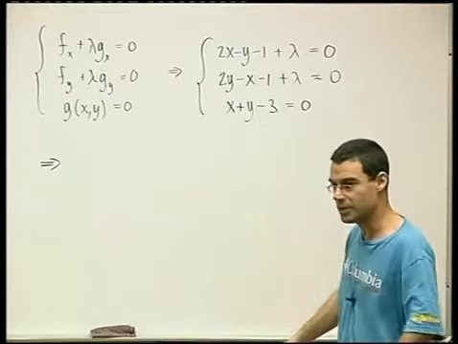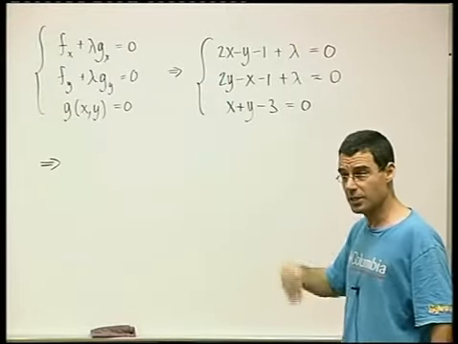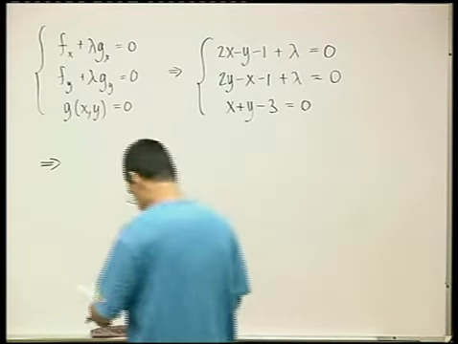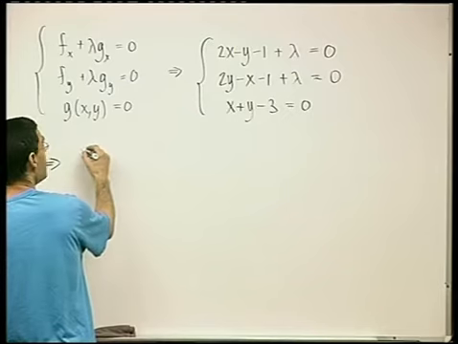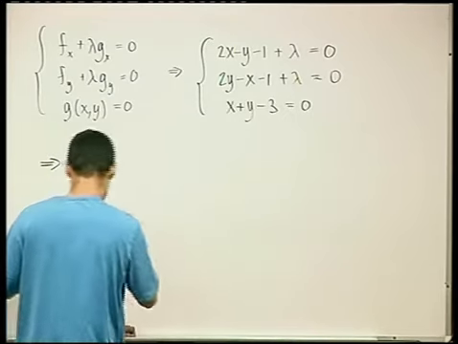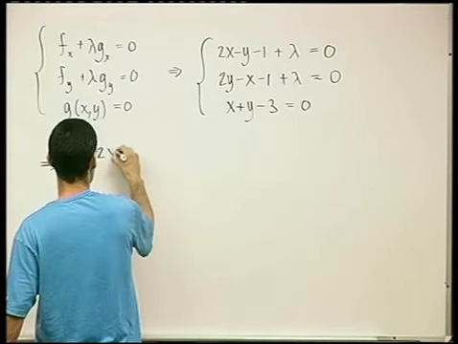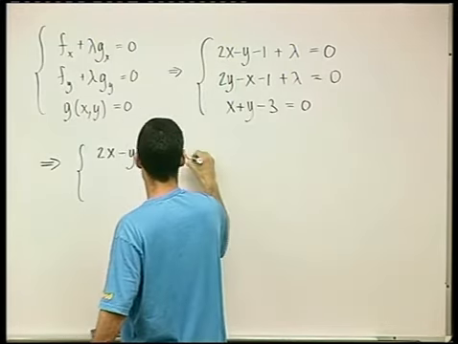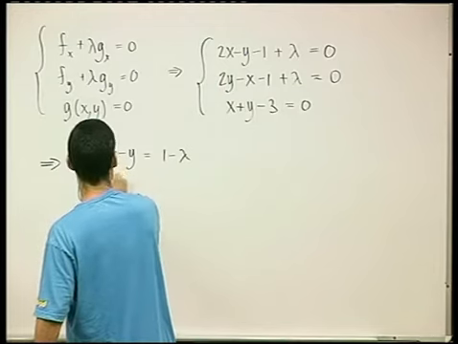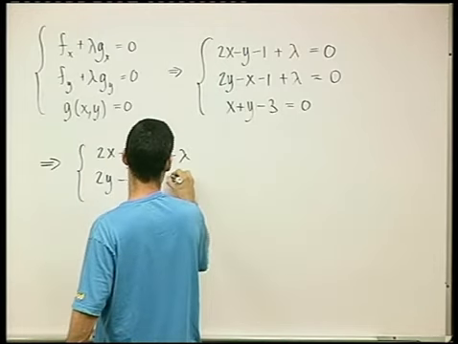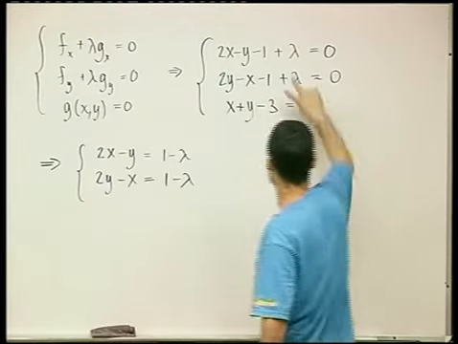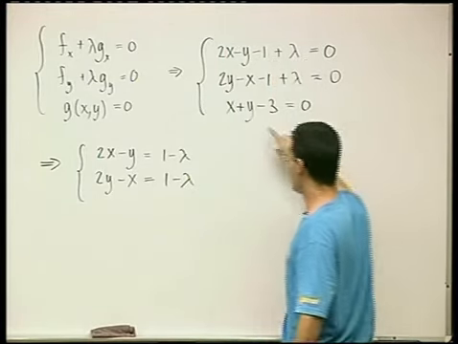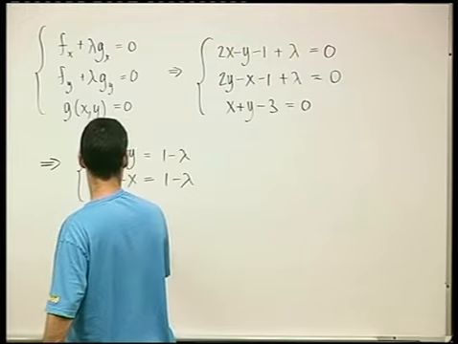Take one, plug it into the other, and sometimes the straightforward way turns out to be just longer. Okay, so in this case, I'm going to write the first two equations as 2x minus y equals 1 minus lambda, and 2y minus x equals 1 minus lambda, by moving these to the right-hand side. And I'm going to leave this one as is for a minute.